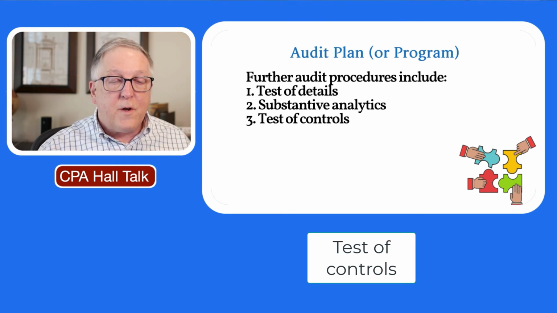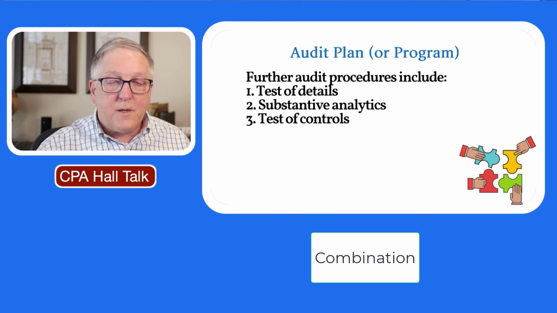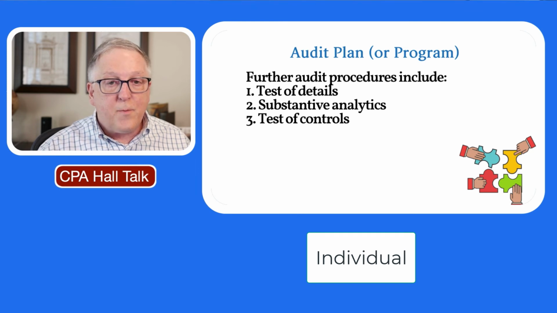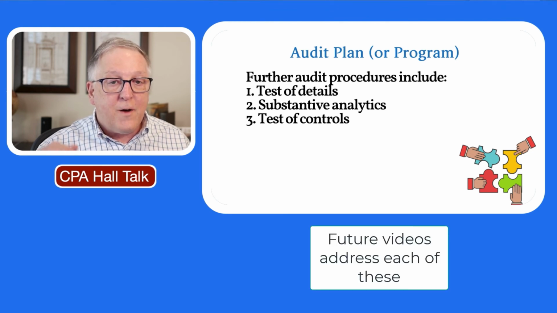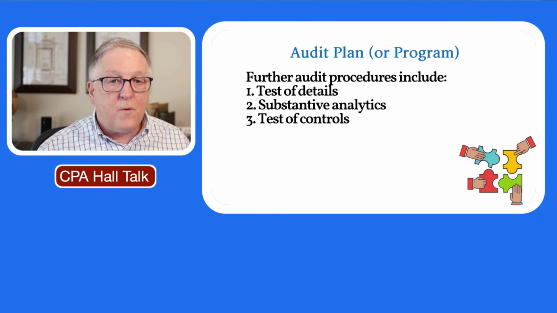And then third, there's a test of controls. So you can use a combination of these 3, or you could use just one of these depending on what the audit step is and what the audit risk is. And we're going to take a deep dive on each one of these. You'll see a video for test of details. The next video will be substantive analytics, and then the one after that will be test of controls.